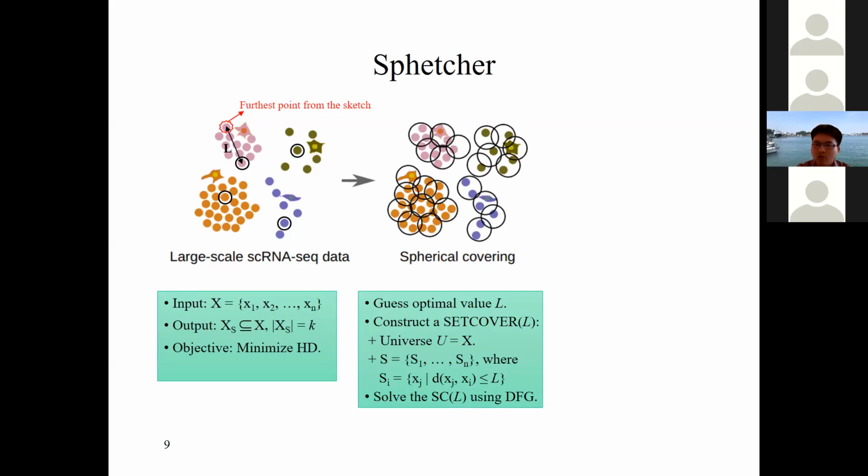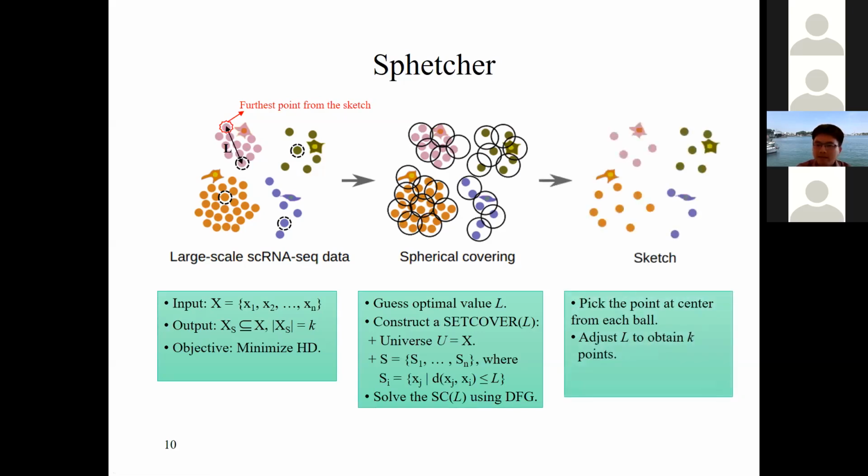And our goal is to find the minimum number of balls that cover all the points. And we solve it using the greedy algorithm. At a very high level, we just select the ball which covers the most points, we remove it, and we repeat until all the points are covered.